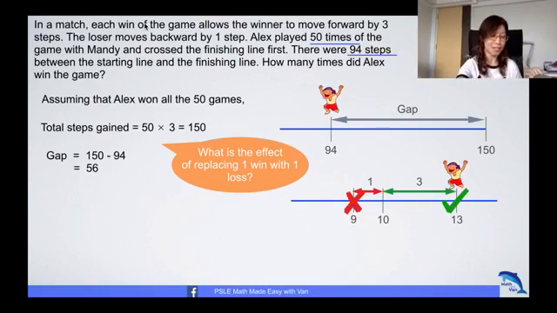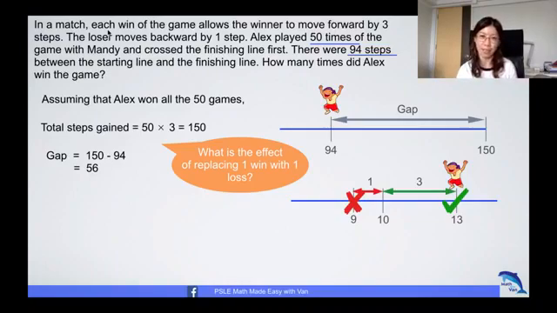As you can see now, the difference, I use the word difference again. What is the impact or the effect when you replace a win with a loss? The win will be 13 steps, and the loss will be 9 steps.